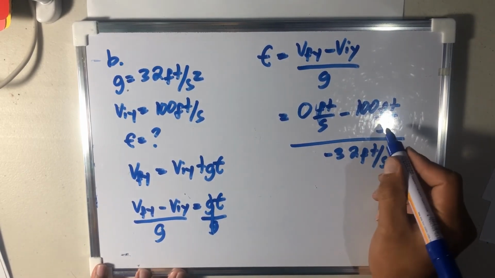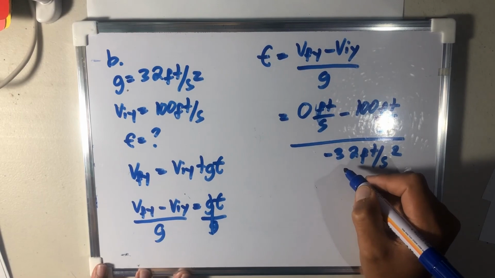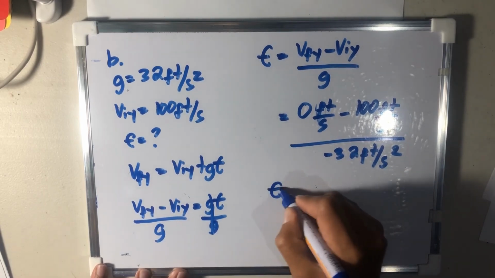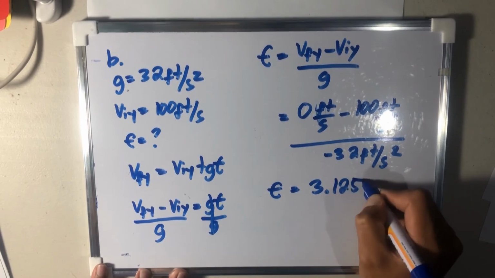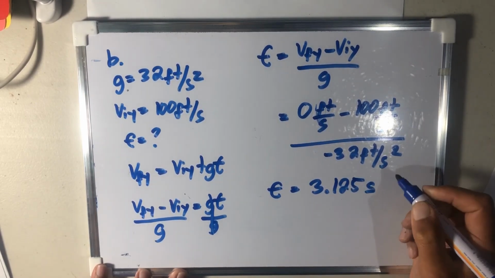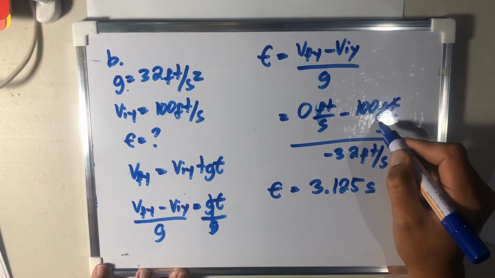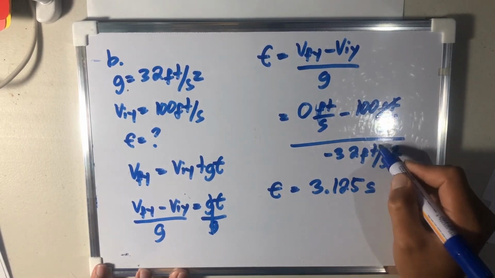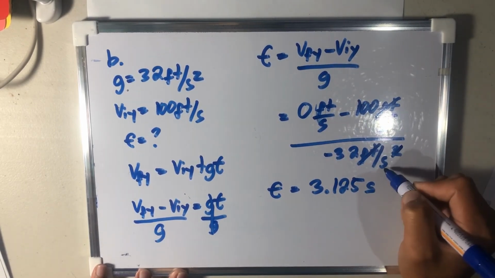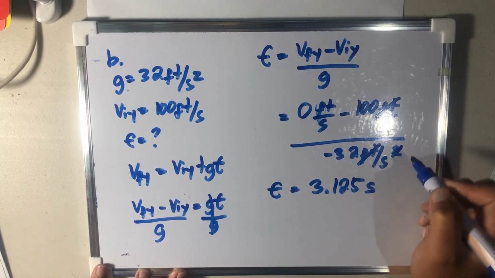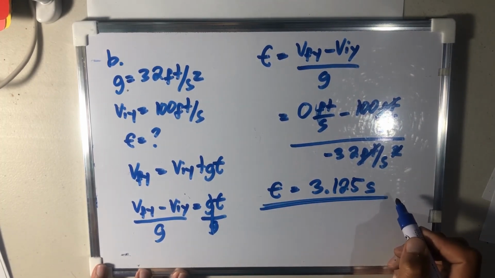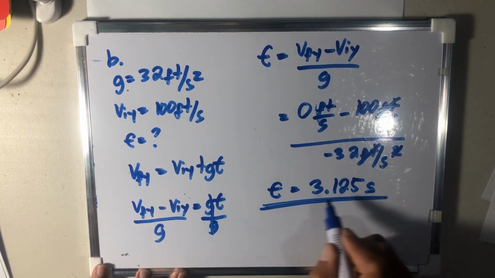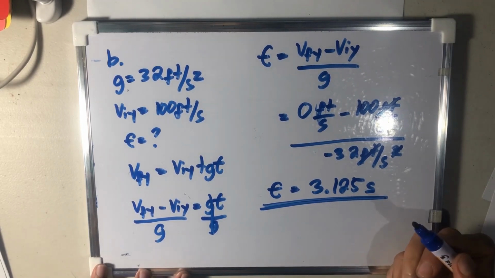So negative 100 divided by negative 32 will give us an answer of positive 3.125 seconds. So this is cancelled, this is cancelled also, then this is cancelled. So what remains is the unit of time. So the object will reach its maximum height after 3.125 seconds.